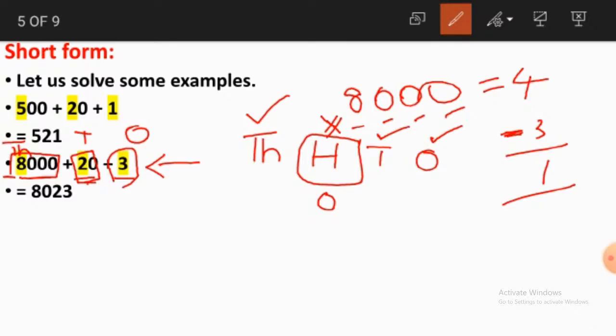So the short form of 8,000 plus 20 plus 3 will be, we take the first digit of 8,000, which is 8. We do not have anything in the hundreds place, so we are writing 0 here, and then we take the first digit of 20, which is 2, and then we take the first digit of 3, which is 3. 8023.